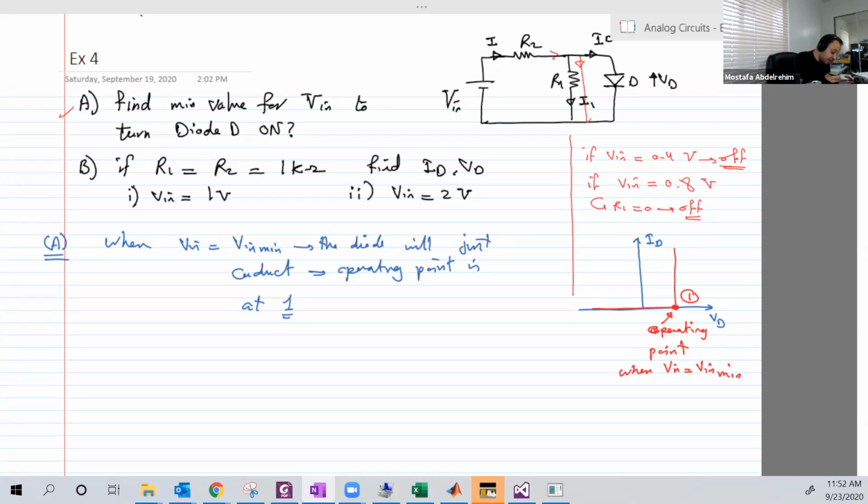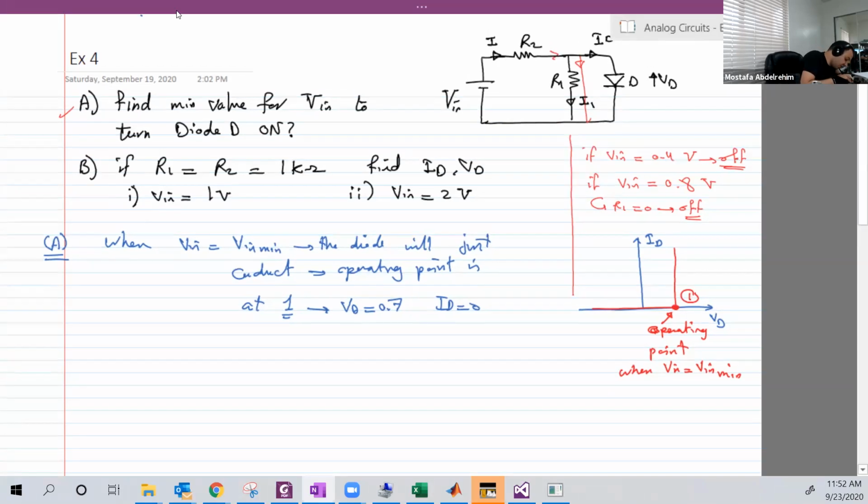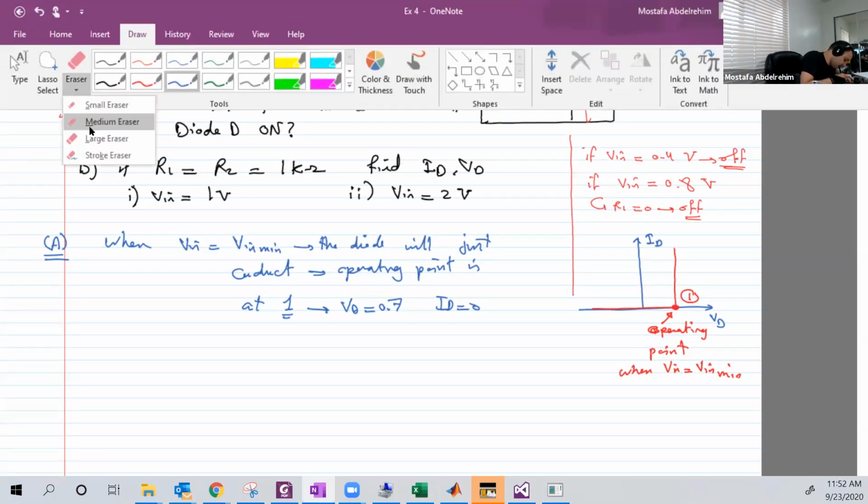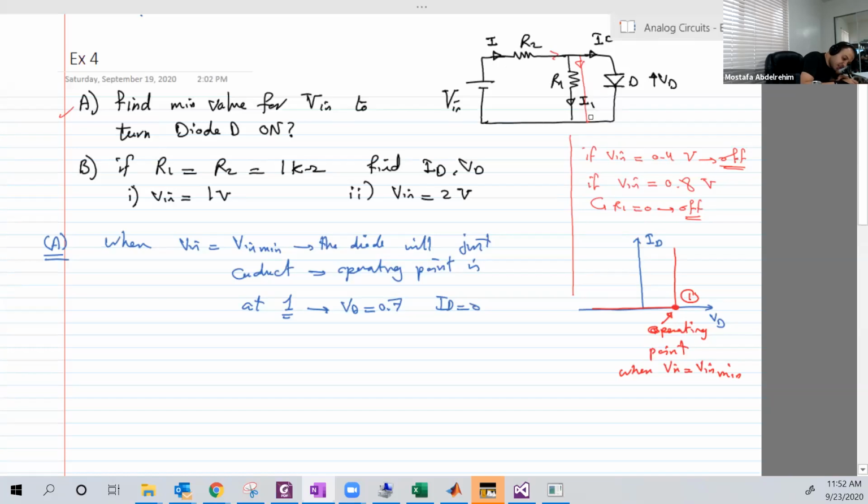And at 1, Vd is equal to 0.7, and Id is still 0. When Vin increases beyond Vin minimum, there will be a positive Id. Okay, good. So let's go to the circuit and see what the condition of the circuit is at that point.